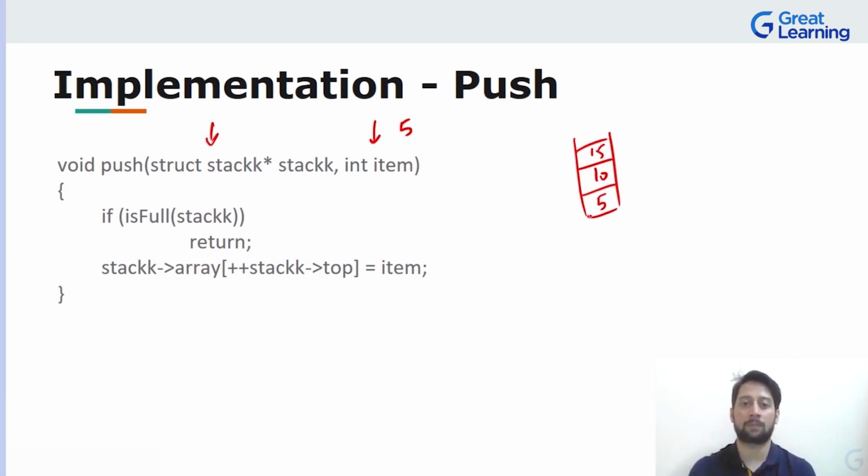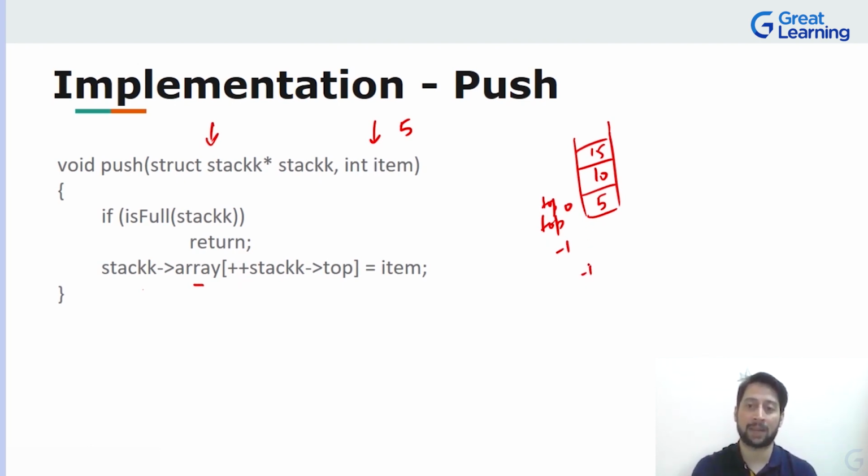We have a pointer that is pointing to -1 at the start, and as soon as we insert an element, we update our top. So it will go from -1 to 0. That is what we are doing. We have the stack, and in that stack we are going to insert into the array, and we first update the pointer, that is the top present in the stack. We are going to pre-increment it, first we pre-increment it.